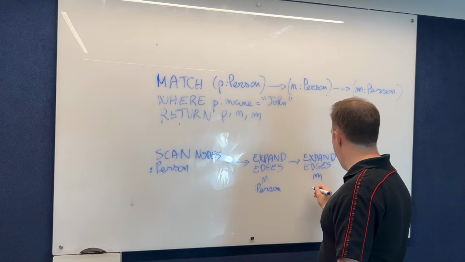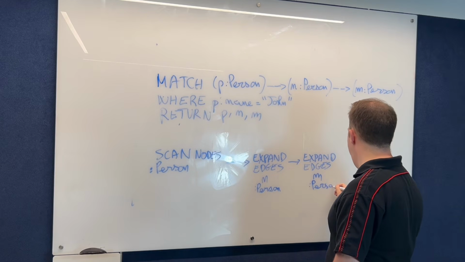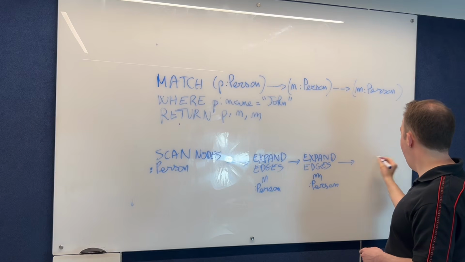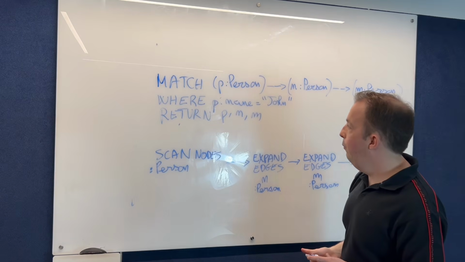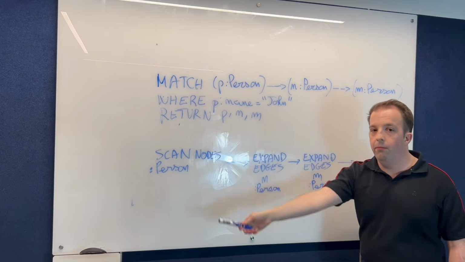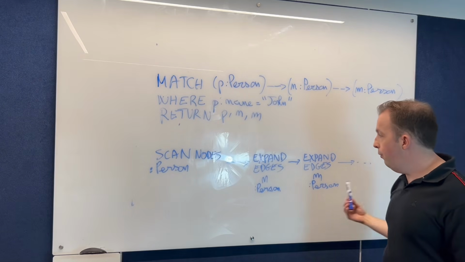So I'm just noting this here to expand only edges that go to persons, okay? And here I can return my result. And so this is kind of what the engine does to process your query.